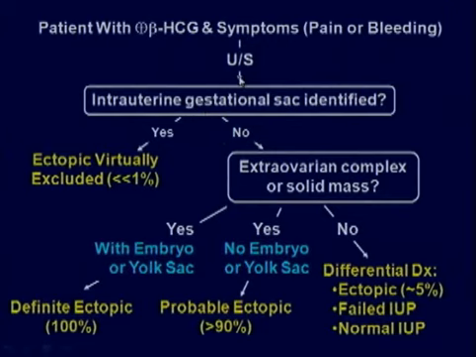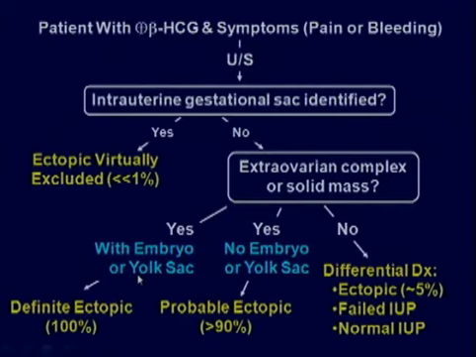If we do the ultrasound in this rule-out ectopic patient and the answer to is there an intrauterine gestational sac is no, we don't see one inside the uterus, then the key question is, is there an extra-ovarian complex or solid mass? And then the possible answers to that question are yes, there is one with a yolk sac or an embryo.